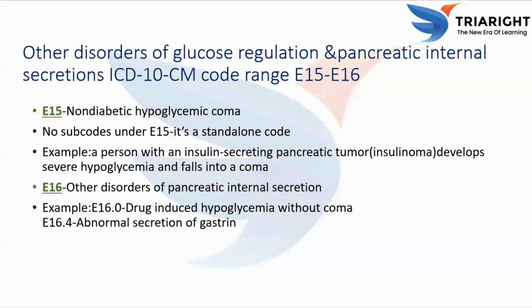I already told you clearly, the conditions of diabetes are only classified in the ICD-10-CM code range from E08 to E13. This code range E15 to E16 is only for problems with glucose regulation or pancreatic hormone secretion, but not the condition of diabetes. Coming to E15, it's a non-diabetic hypoglycemic coma.